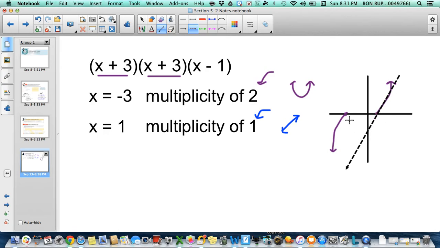And then where x equals negative 3, it's going to react in more of a quadratic fashion. You know, quadratics look like this. And so we can use that to kind of analyze how this will go.